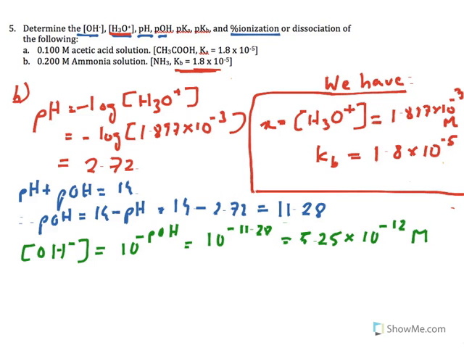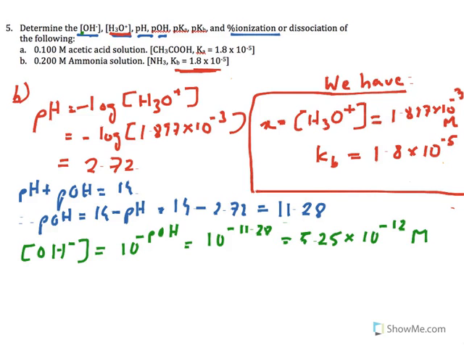Now that we know the concentration of our hydroxide ions and the concentration of our H3O plus ions, pH and pOH, we can now move on to figuring out the pKb and the pKa.